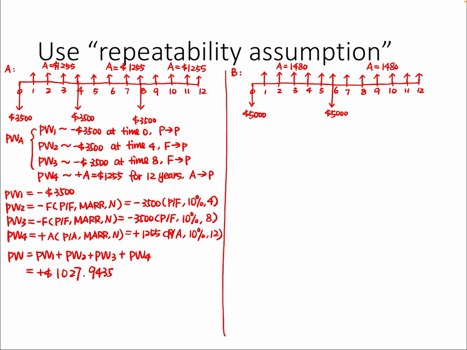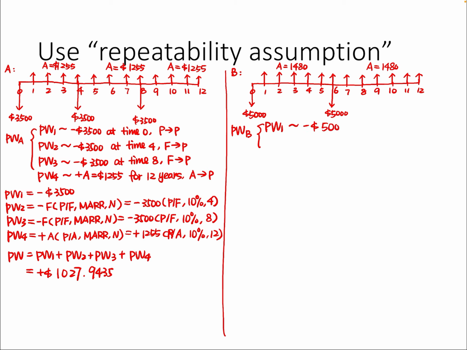Now let's do the present worth method for option B. Okay, so you want to have the PWB, and it consists of 3 parts.